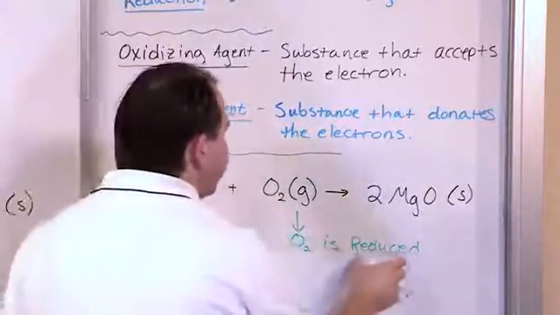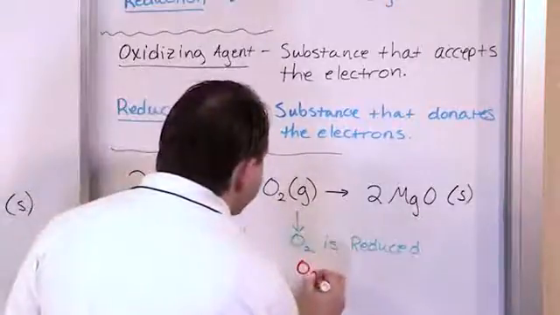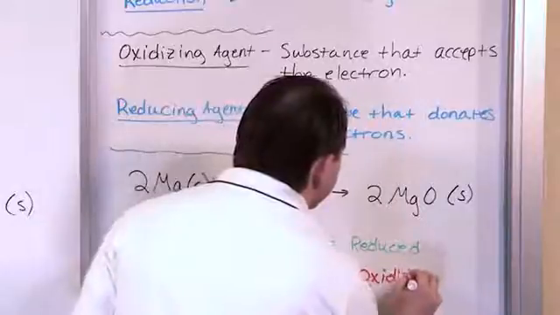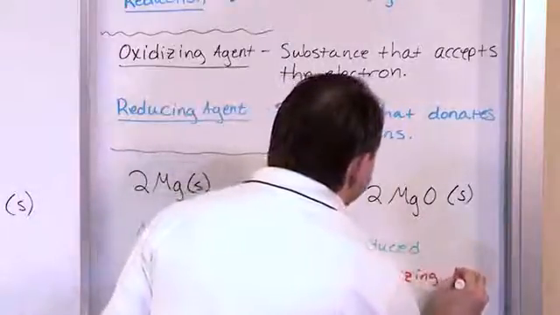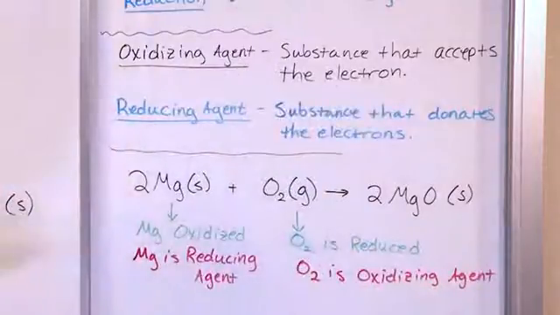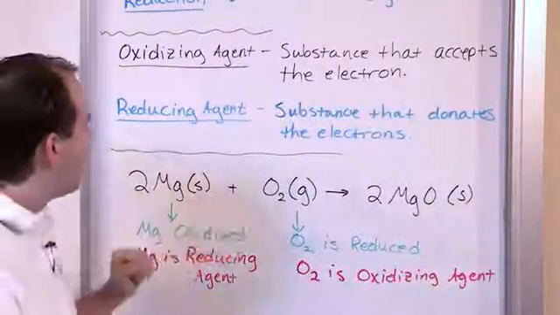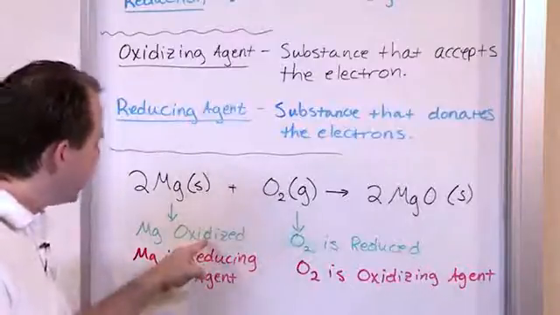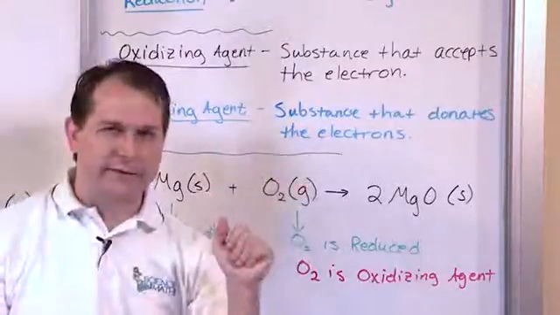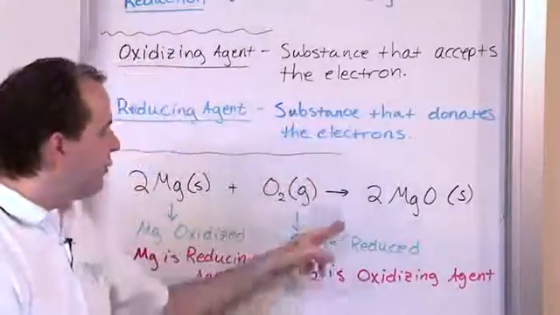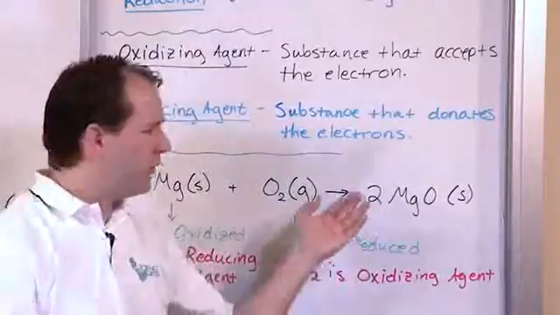And since you know that this oxygen's been reduced, you can say that this is the oxidizing agent. The bottom line is, because these things are all interrelated, if you identify what's being oxidized, then the agent is just the opposite. Since this is oxidized, we know immediately it's the reducing agent. Since this is reduced, we know immediately it's the oxidizing agent, so you can just use the opposite term when talking about the agents.